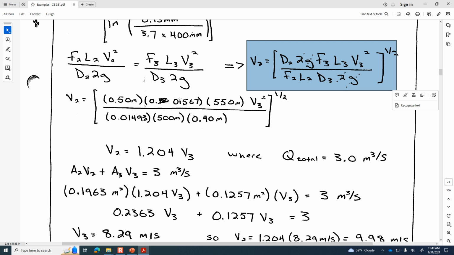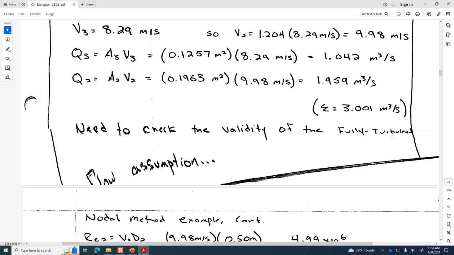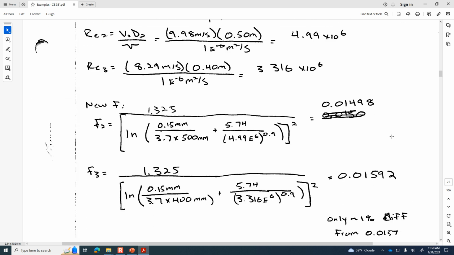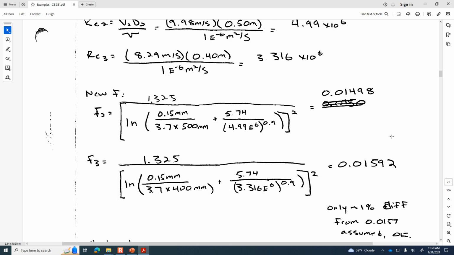I would correct this F value and this one, and get a slightly different ratio, say 1.201 or something like that. It would give me slightly adjusted velocities. But here, where the F values are less than 1% different, we can just say the solution is converged, and the pressures and flow rates are what we calculated.